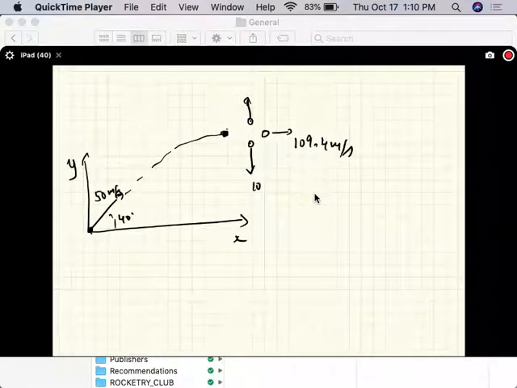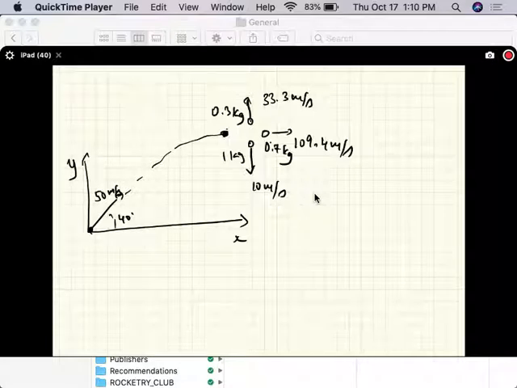This was going at 10 meters per second, and this piece was going at 33.3 meters per second. This is 0.3 kg. I'm trying to write as little as possible, I don't want the diagram to get messy. This is 1 kg, and this is 0.7 kg.